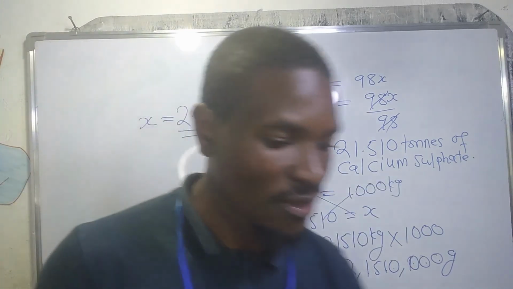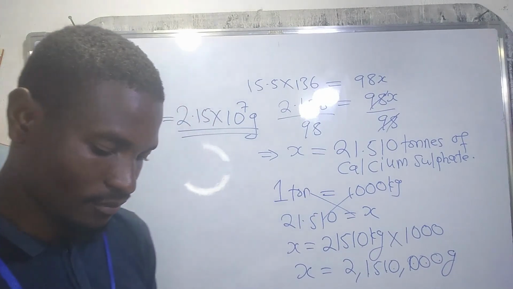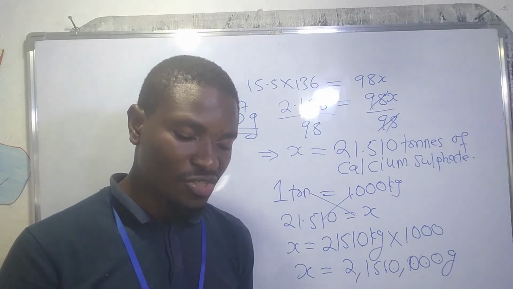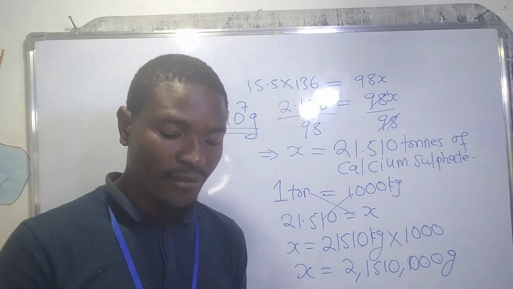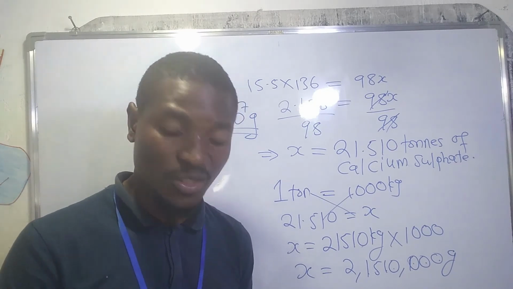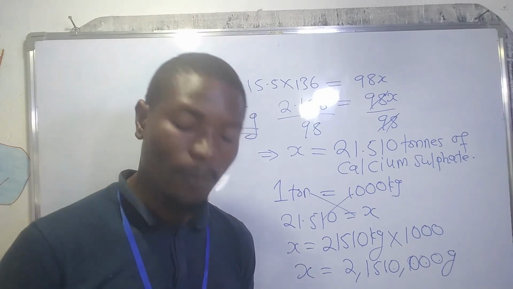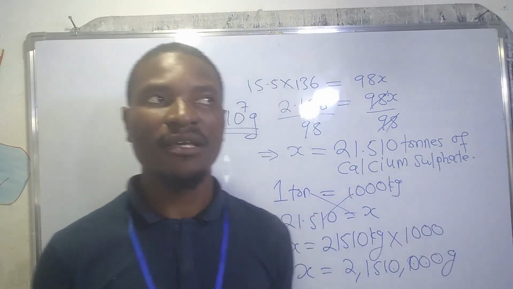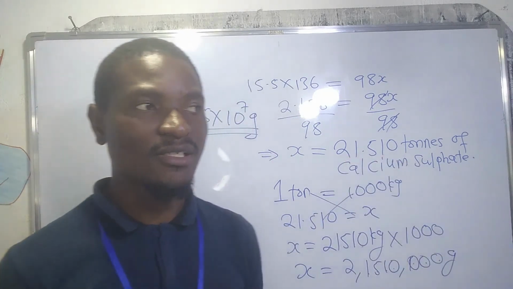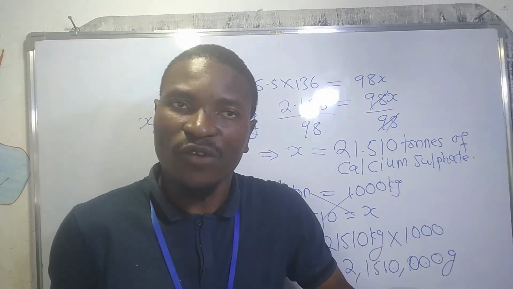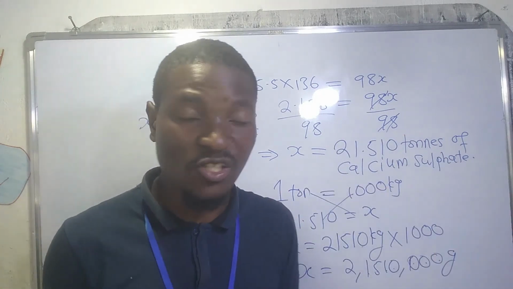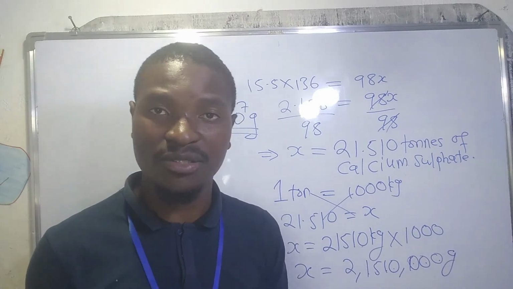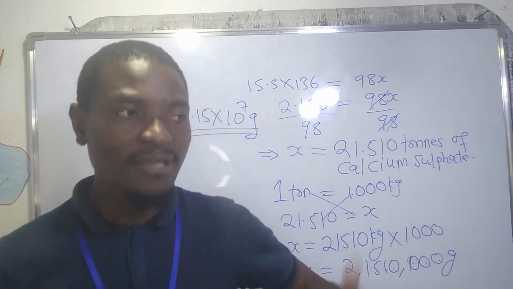Now the last question of this: they are saying calcium hydroxide is a base. Which ion present in the compound is responsible for its basic properties? When you're talking about a base and an acid, the identity of an acid is because there are hydrogen ions. And why is it called a base?